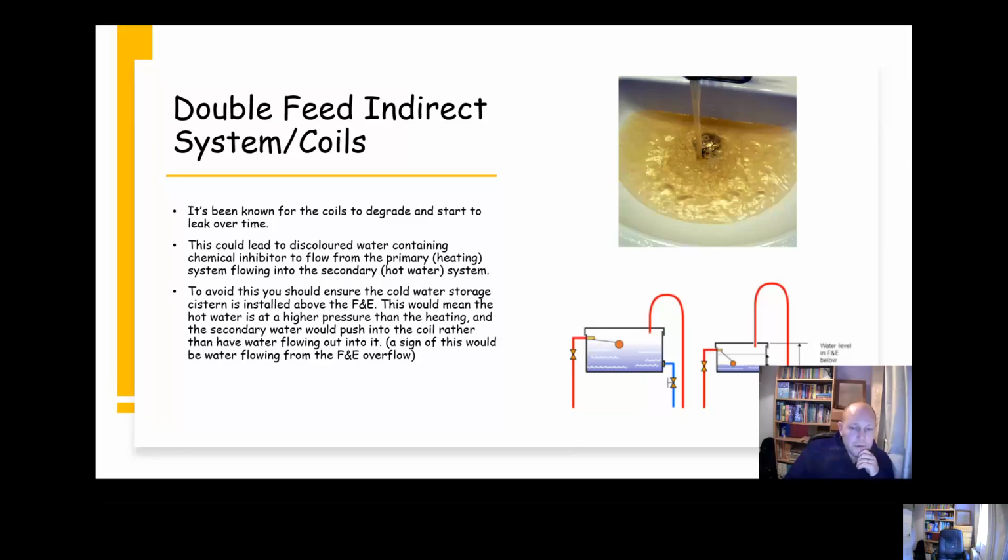If the cold water storage system is fitted higher than the F&E, then the water would flow the other way, and we would recognise that there's a leak in the coil by the feed and expansion system overflowing. If the coil gets ruptured at any time, you'd need to replace the cylinder.